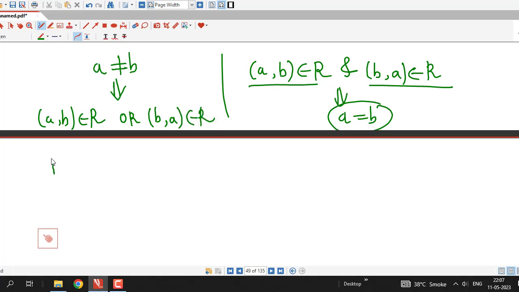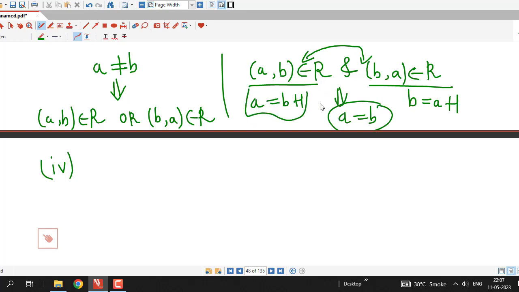Now for the proof, we can see that (A, B) belongs to R if A equals B plus 1, and (B, A) belongs to R if B equals A plus 1. So whenever this is possible, we have to prove that A equals B. But from this we can see that A equals B plus 1 and B equals A plus 1 is not possible at the same time.